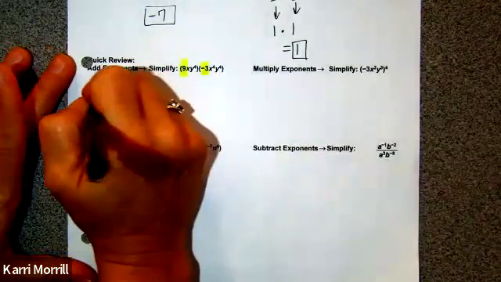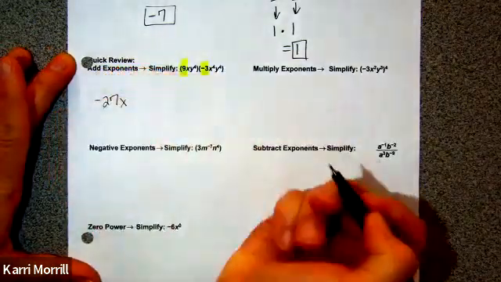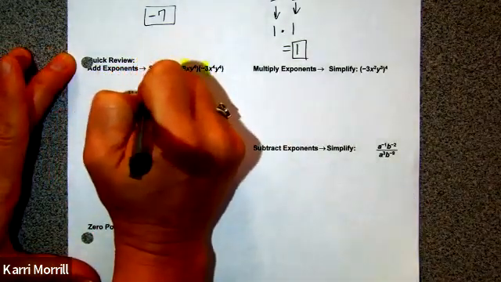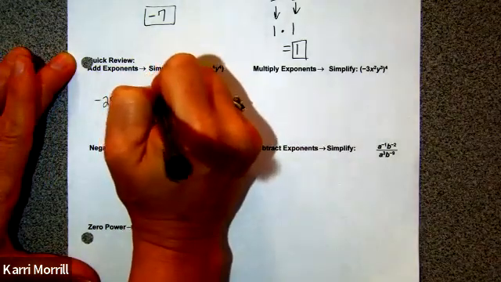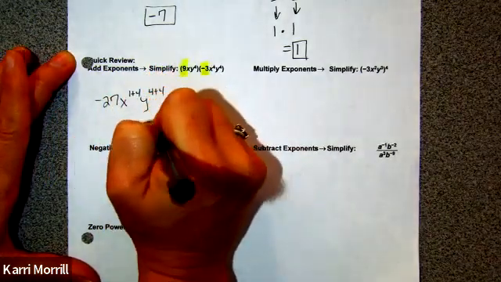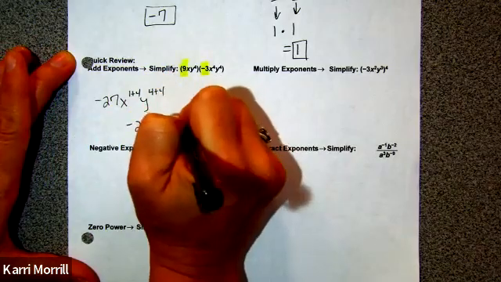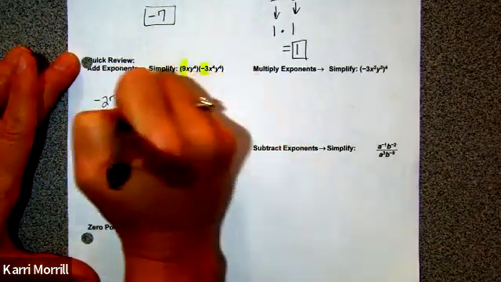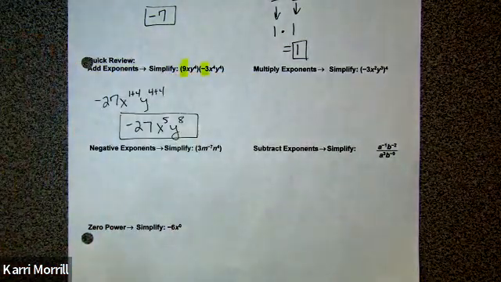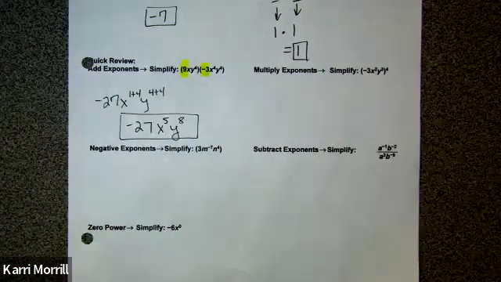So this would be a -27. And for x, you're taking 1 plus 4. And for y, you're taking 4 plus 4. So visually, you have to pay attention to what it looks like when you're adding exponents.